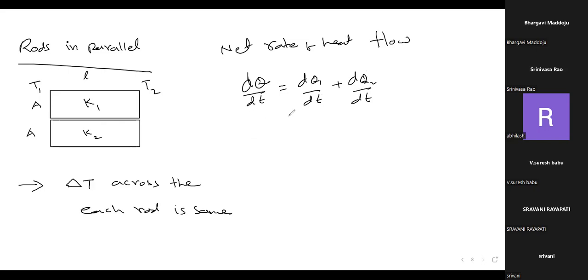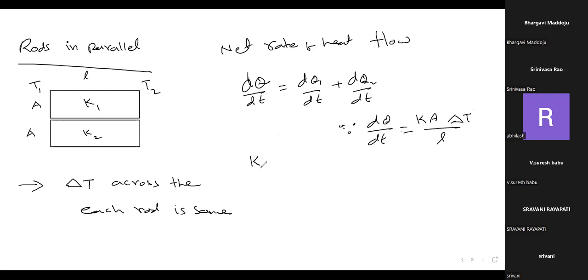Now again we will use the same rate of heat flow formula: dQ/dt equals K into area into temperature difference delta T, divided by L. For the total rate of heat flow, assume K effective.